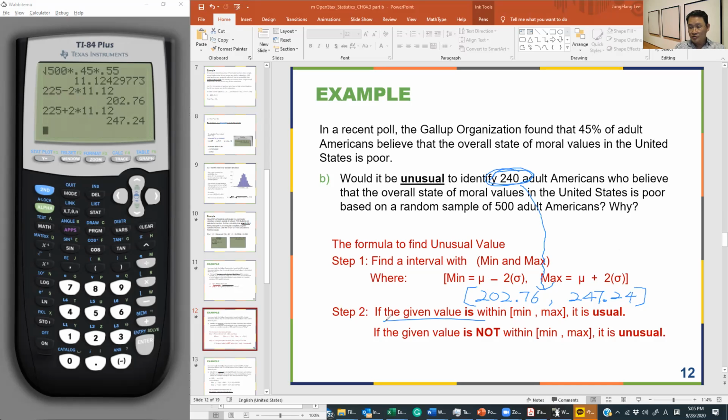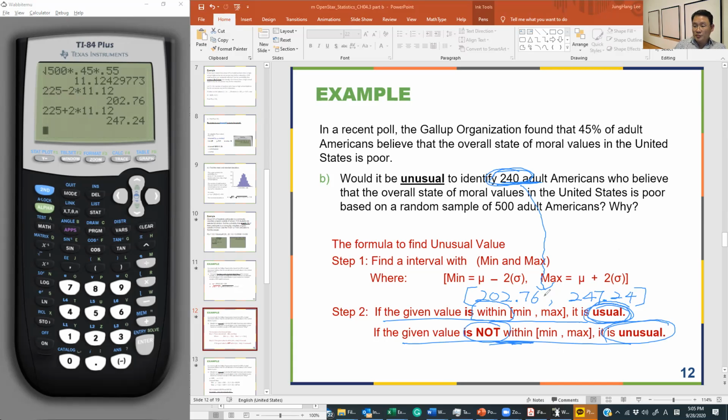If this value is within this interval, then this is a usual response. But if this given value is outside of this interval, if it's not within this interval, then we call that unusual. So what do you think?